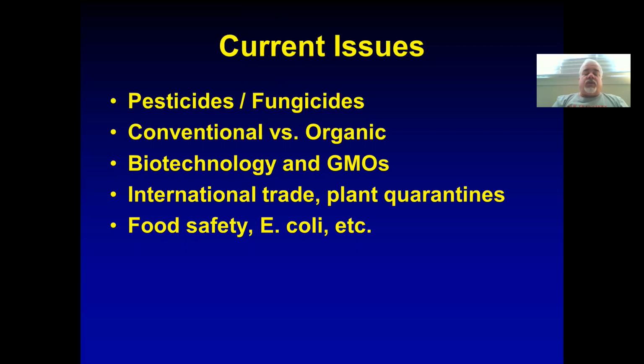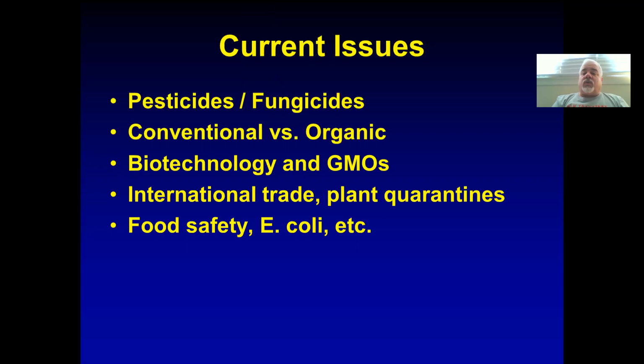Current issues include the actual lists of pesticides and fungicides that are available to growers. The lists are reviewed constantly. Every single pesticide has a 5-year review process. And so every year something is coming up on the 5-year review, and some things get phased out, some things get newly approved and licensed for use in California.